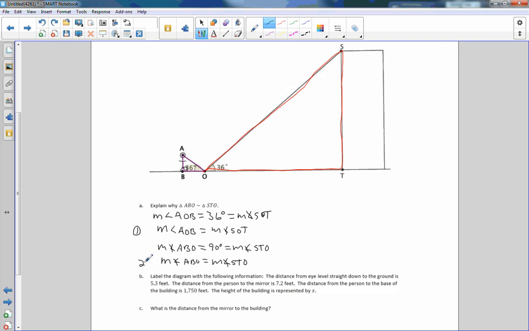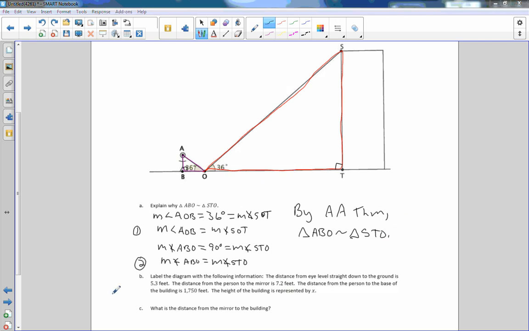So now I have two angles, corresponding angles in the triangle, congruent. Okay, 36 is congruent to 36, 90 congruent to 90. So by the angle-angle theorem, triangle ABO is similar to triangle STO.